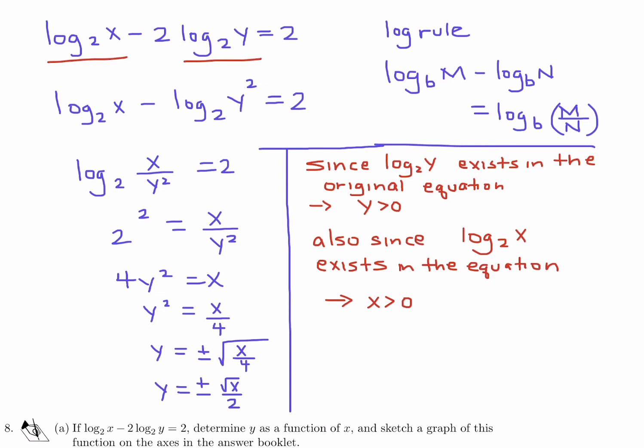Therefore the only possible solution is y is equal to positive root x over 2. The negative one is not possible because y cannot be less than 0. Now we have the relationship. That's perfectly fine. But now we have to graph this. Sketch a graph. So I'm assuming they just want something relatively basic.